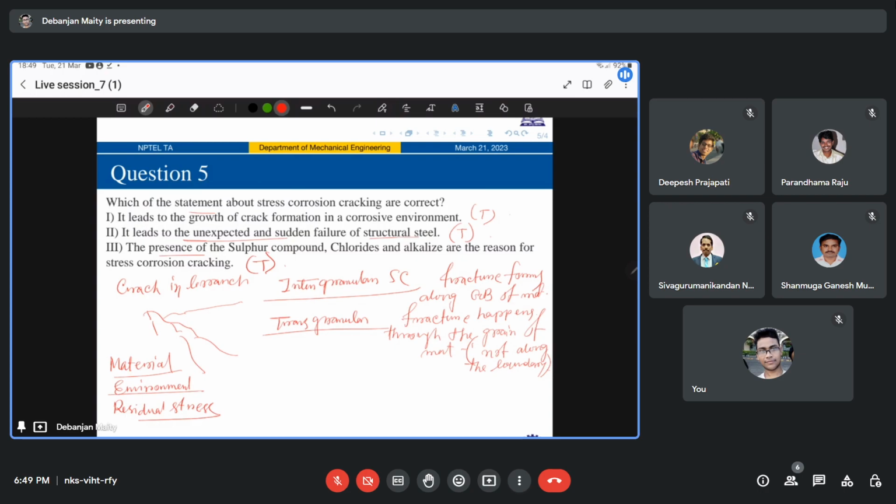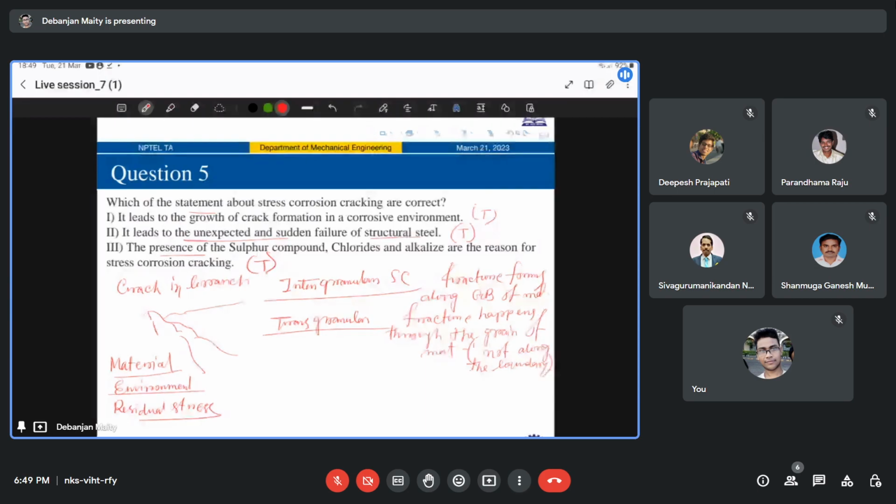So in terms of material, different kinds of material are more or less susceptible to stress corrosion cracking, right? Poor material selection can lead to this kind of cracking due to the material being susceptible to it in the corrosive environment. And what environment am I talking about?